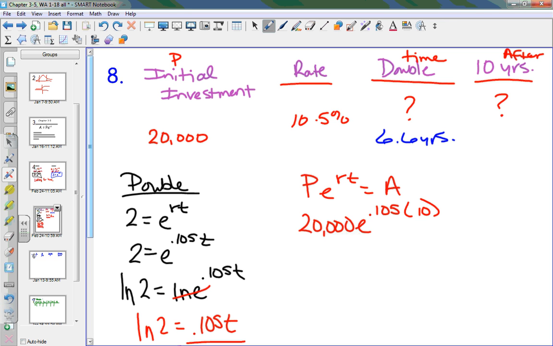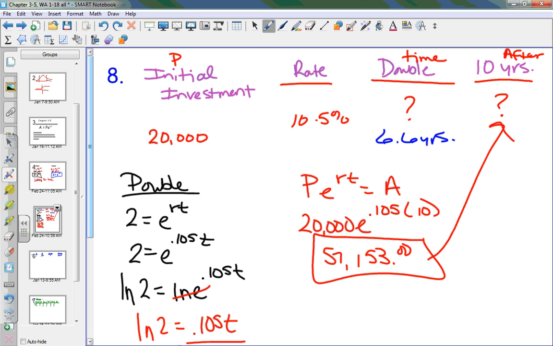What do you get when you plug that number into your calculator? $57,153. So after how much time? 10 years. After 10 years, there's $57,153.